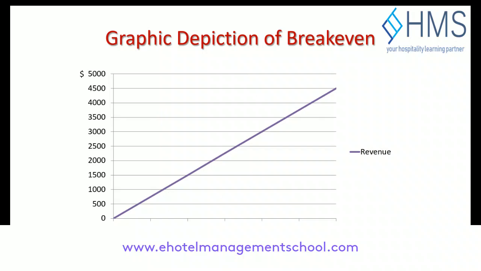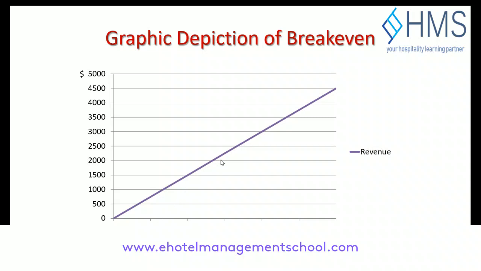That is the basic assumption of break-even point: no matter how much quantity you are selling, your revenue per unit will remain the same. So if you are selling 25 units, your revenue will be somewhere about 750. If you're selling 50, your revenue will be 1500. If you're selling 750, your revenue will be around 2200 something, and so on and so forth.